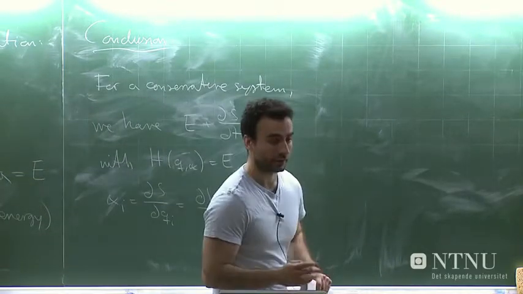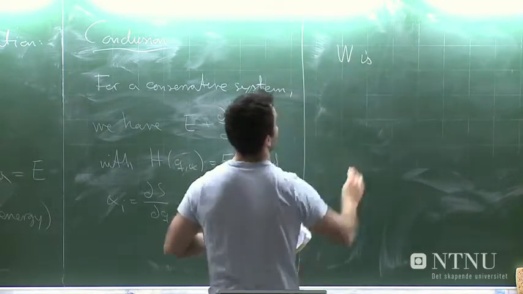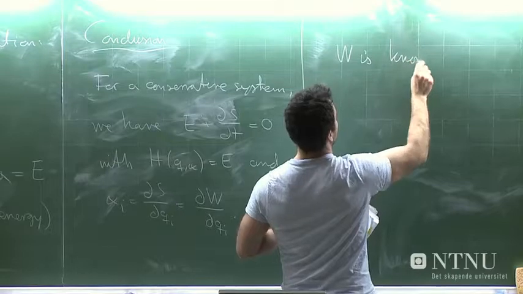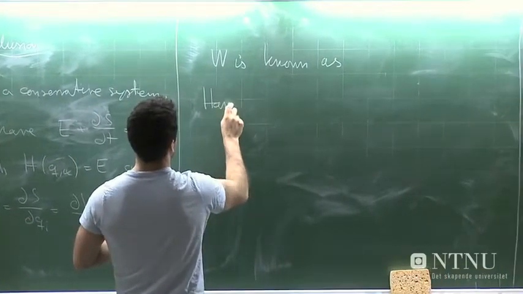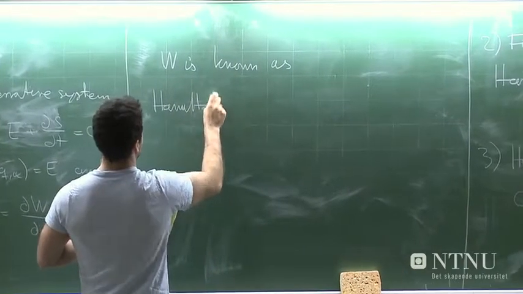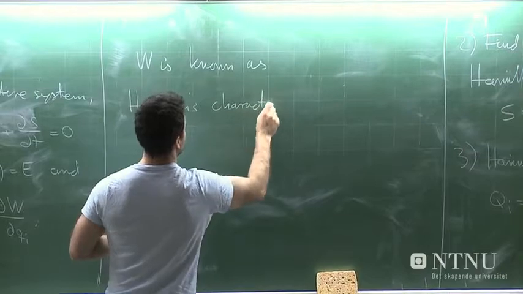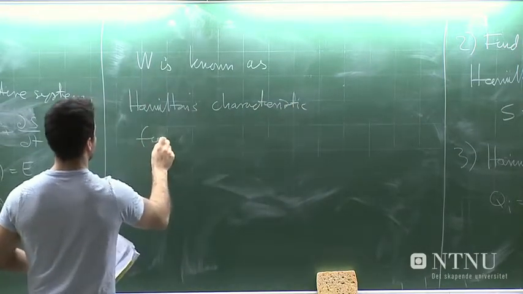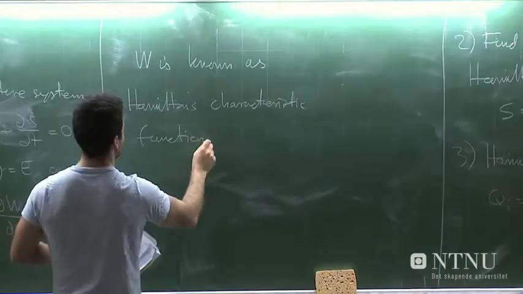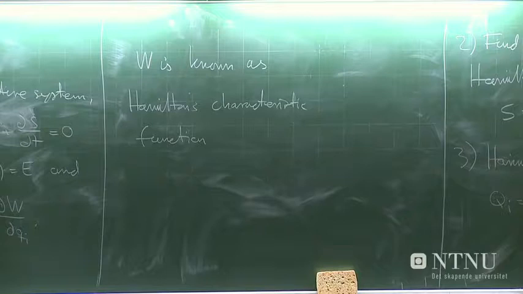This W also has a name. It's known as Hamilton's characteristic function.